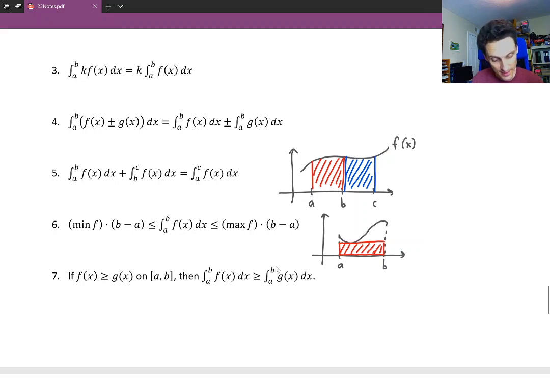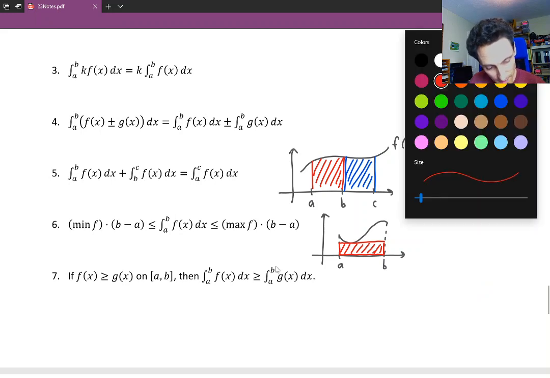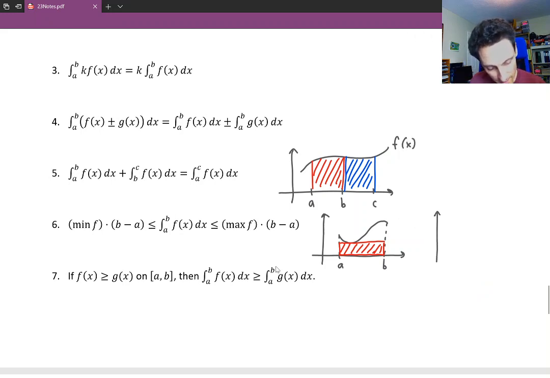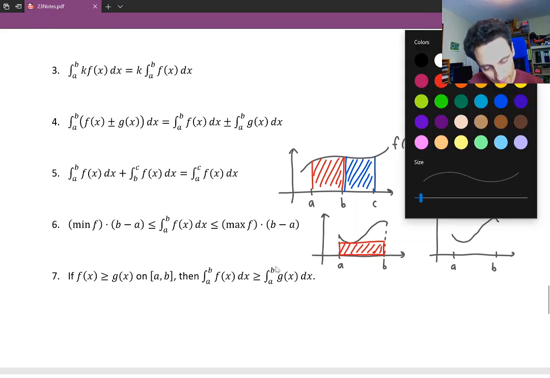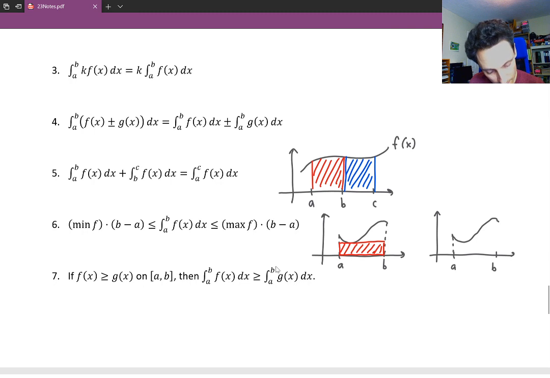On the opposite side, on the right side, we get an upper bound. So I'll try to draw the same picture. Here, if we look at the maximum function value, that's happening right around here at the top.